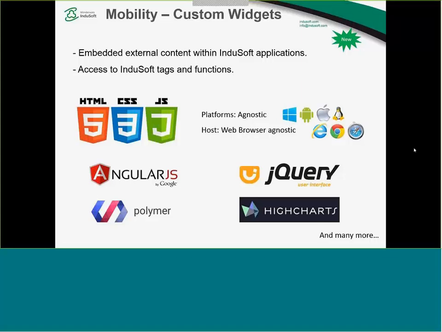You are no longer tied to one specific manufacturer or one specific software provider. So you can use jQuery, Angular, Polymer, or both of them together. And you can also find tons of resources for objects already implemented, ready to be used with very little programming, to host in your application.